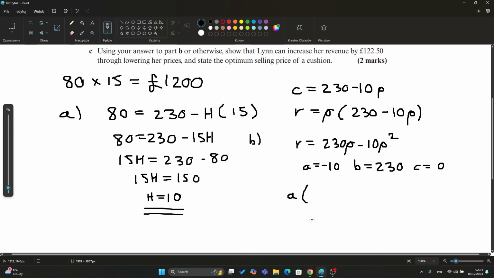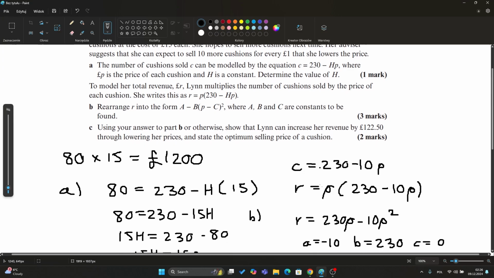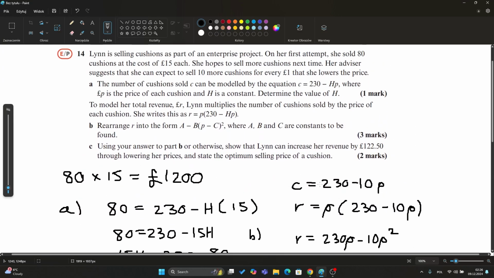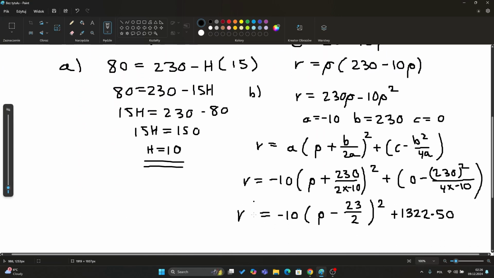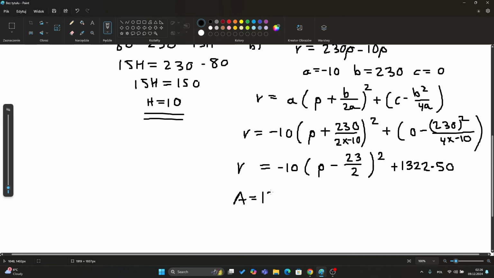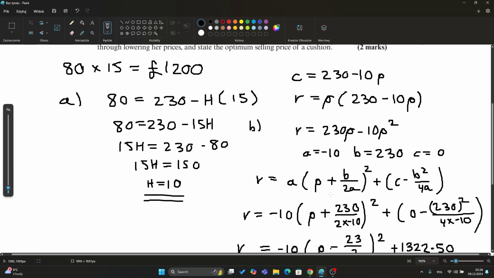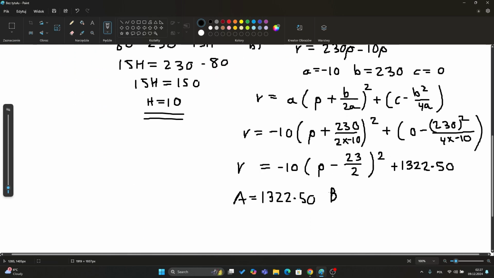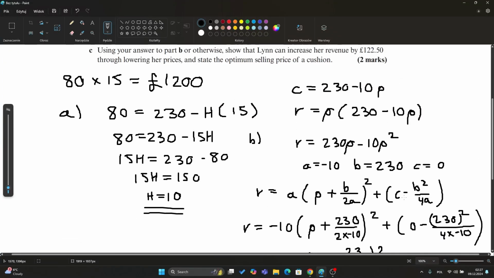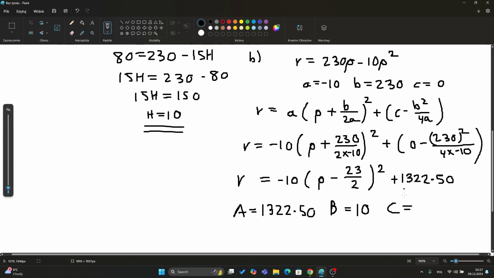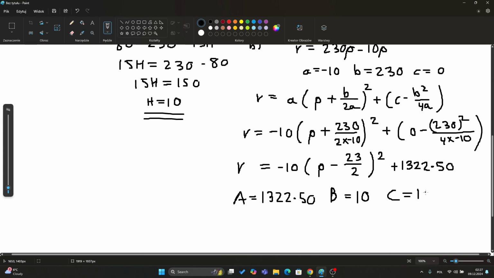And we have to use our complete the square formula, which is the following. We plug in the coefficients into the formula, so we get it into this form, and A is going to be equal to 1322.50, B is going to be negative 10, or actually 10, C is going to be 23/2, which is 11.5.